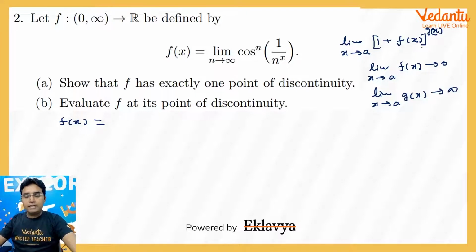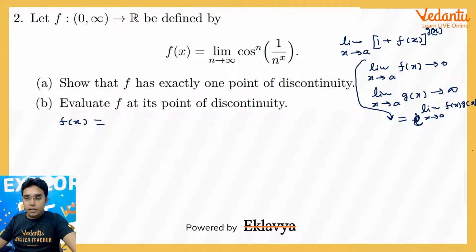So you can see it is actually 1 power infinity, and in this case there is a standard method. We write this equal to e raised to the power limit x approaches a of f(x) into g(x). That is something very standard, we can use it directly. There is no need to prove it.